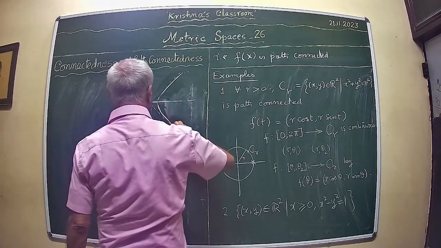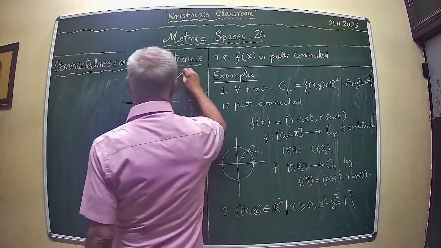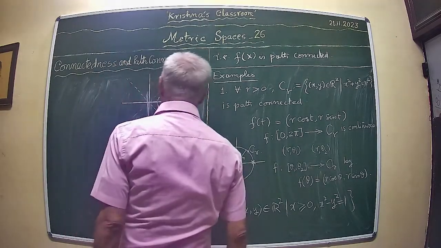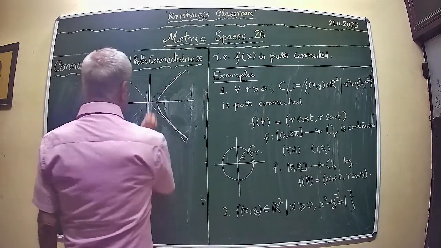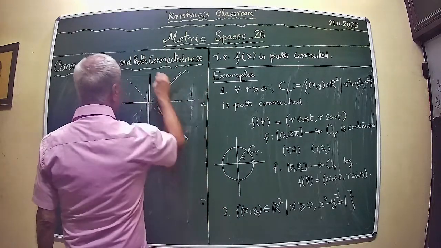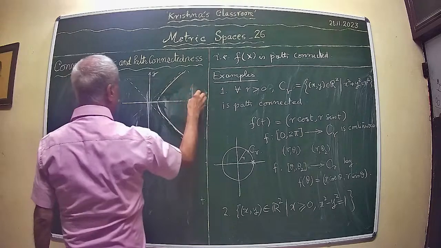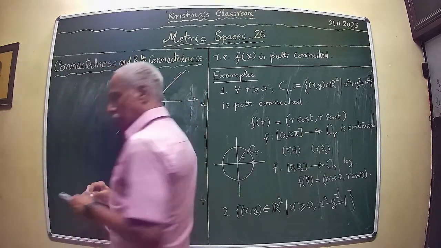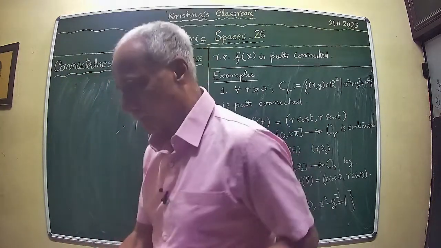This is the one. So x greater than or equal to 0 is this particular branch that you are talking about.